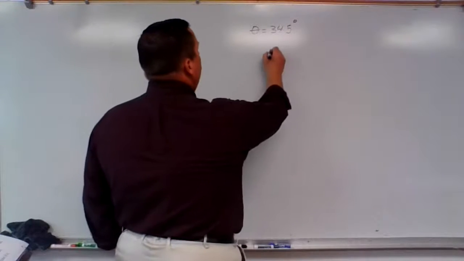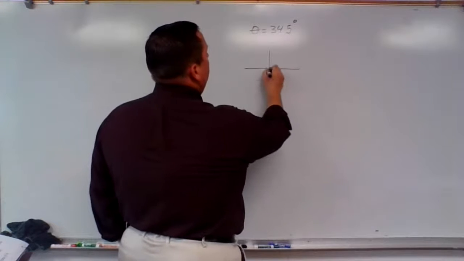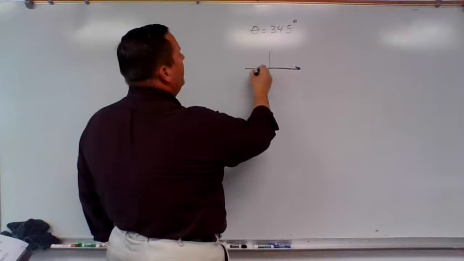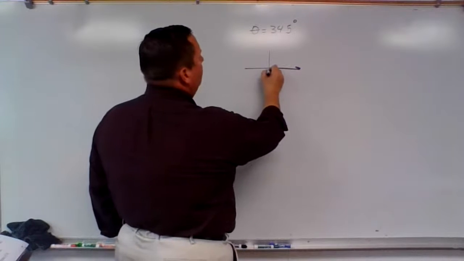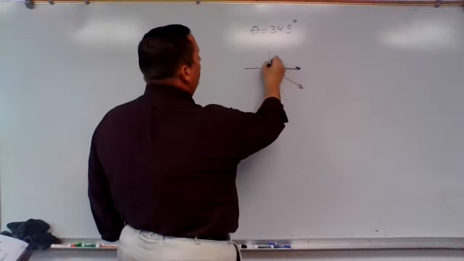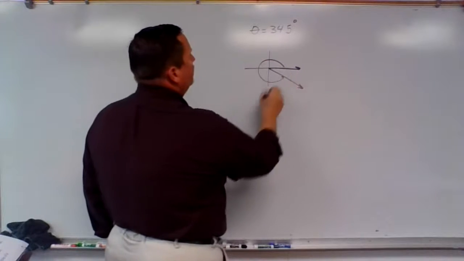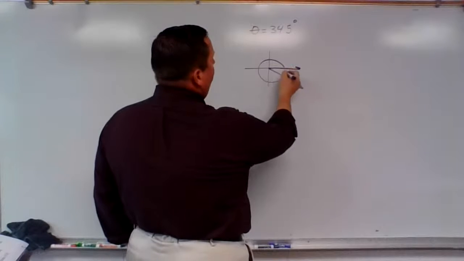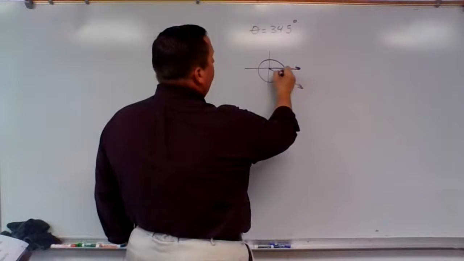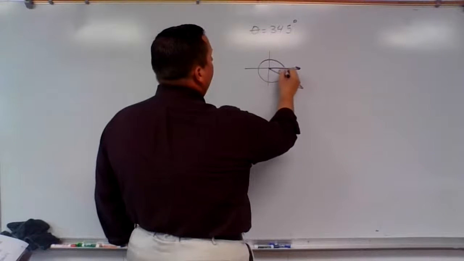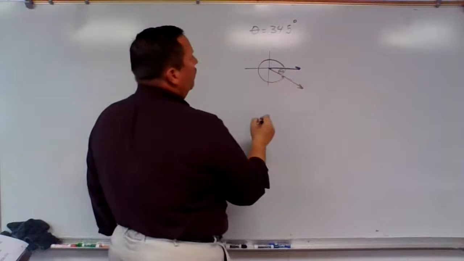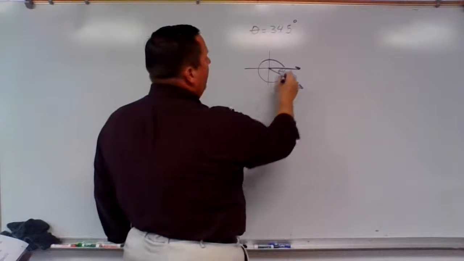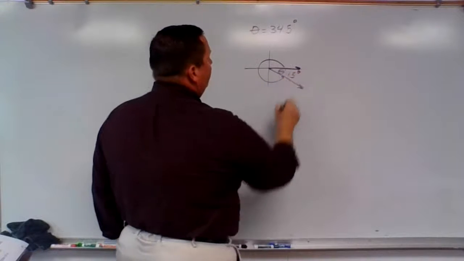If you need a visual, 345 degrees, that's 90 degrees, that's 180, that's 270. 345 degrees is going to be all the way over here. And so my reference angle, they call it theta prime, whatever, my reference angle is going to be 360 minus 345, 15 degrees.